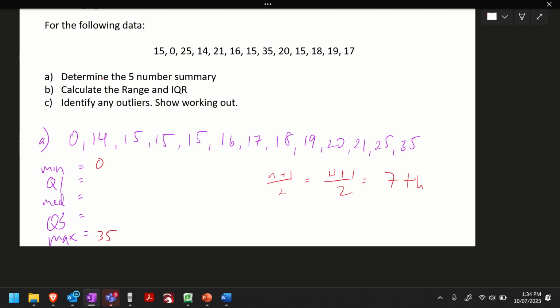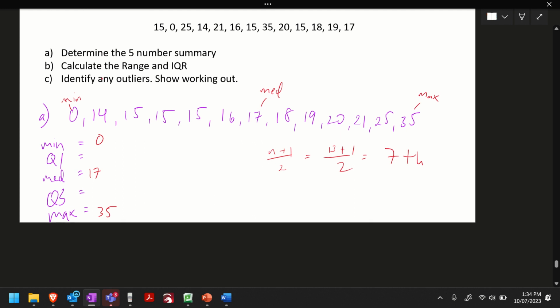So the 7th number is your median. 1, 2, 3, 4, 5, 6, 7. Well done, Donnie. 17 is the median. I can even put my minimum. You can label it if you want. And my maximum is 35. You guys are doing really good, by the way. This might be the last one.